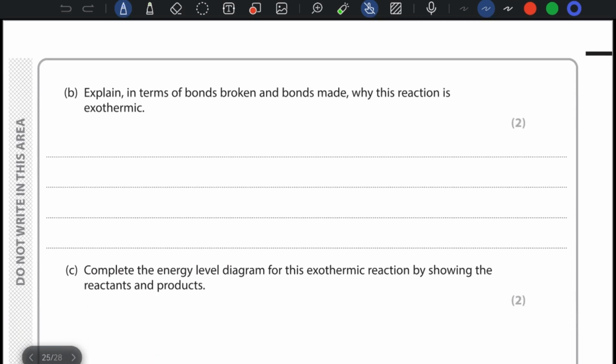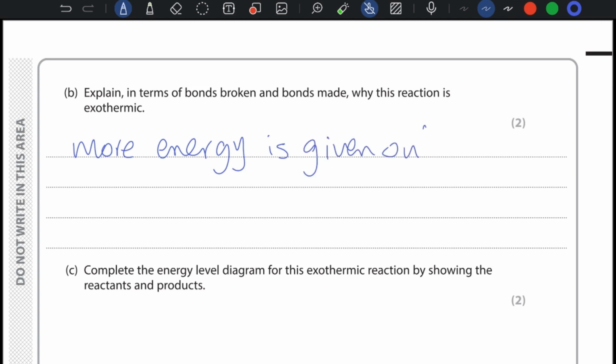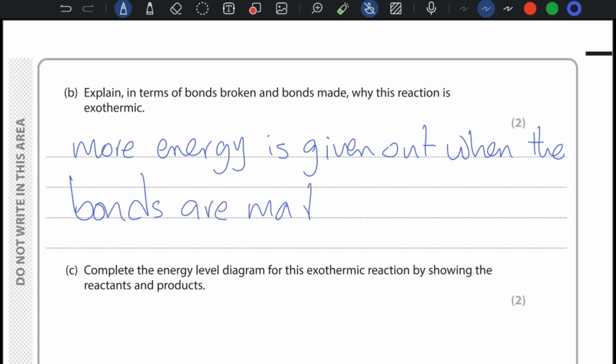Explain in terms of bonds broken and bonds made why this reaction is exothermic. The reaction is exothermic because more energy is given out when the bonds are made than is taken in when bonds are broken.